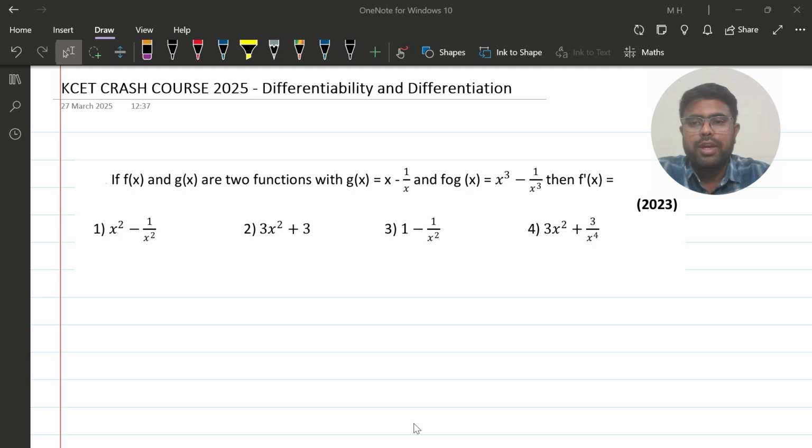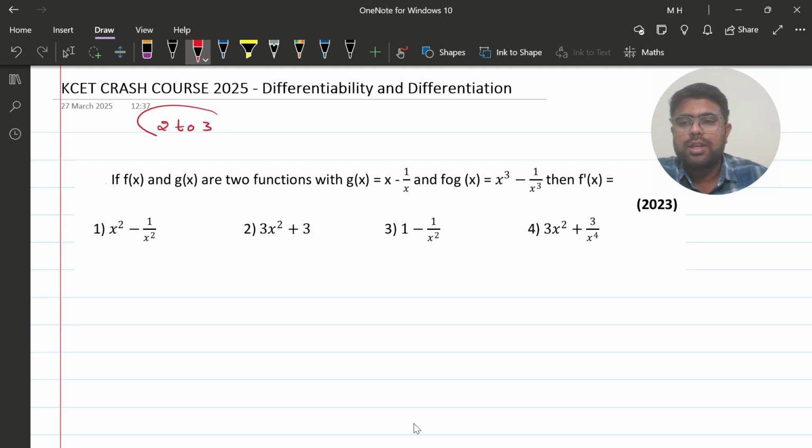As you are aware, in the previous lecture we did the concepts of limits and continuity. And I had already told you at the end of the previous lecture that calculus is going to be a very important concept in your KCET mathematics. From limits and continuity, you would be getting 2 to 3 questions altogether.